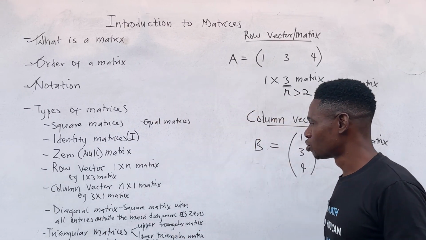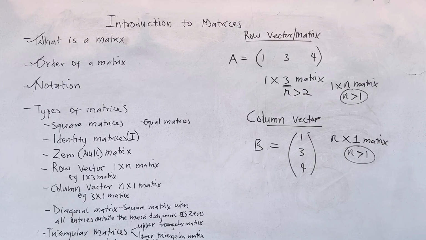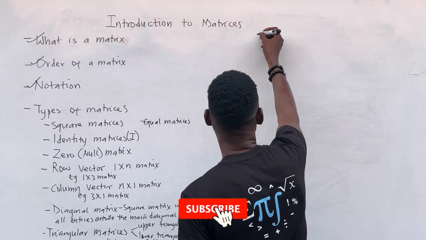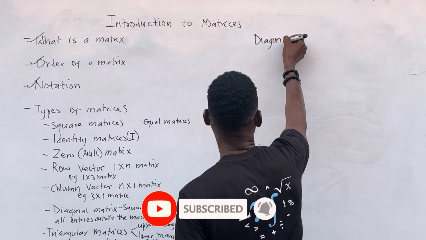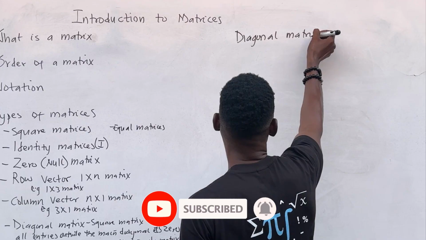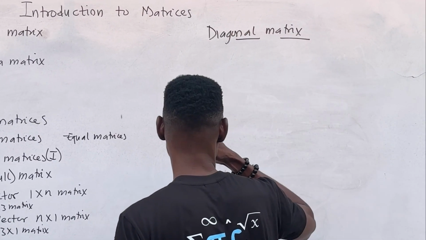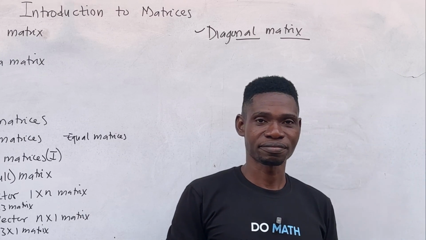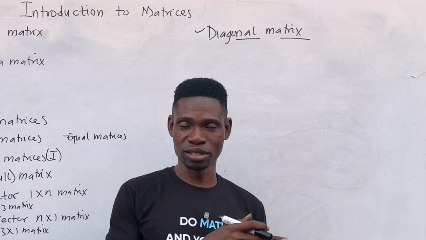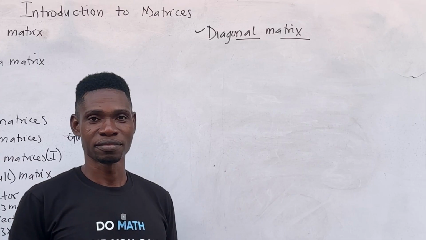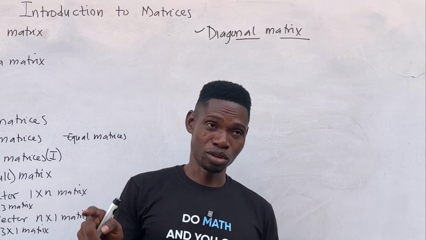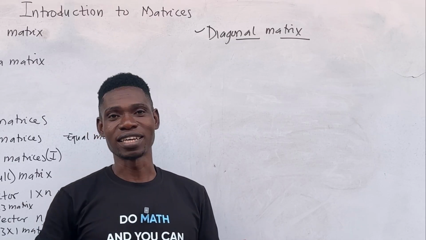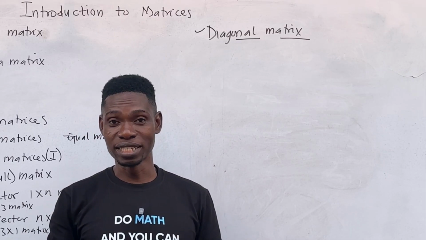So let's move on to the diagonal matrix. This is a matrix in which all the other elements are 0 except the principal or main diagonal.